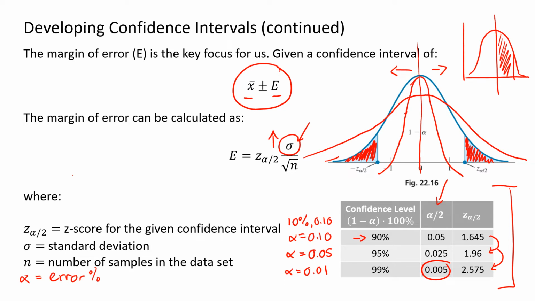The last value is the square root of n. N is the number of samples in the data set, and it's in the denominator of this fraction. If n goes up, or you have more samples, your error or your tolerance in this interval goes down, because the more data you have, the more confident you are.